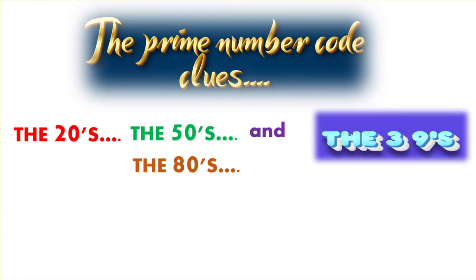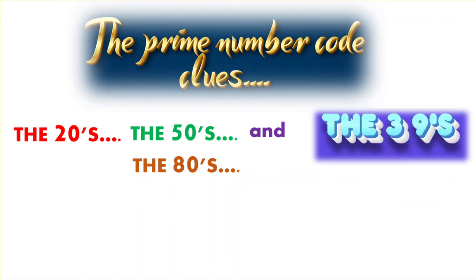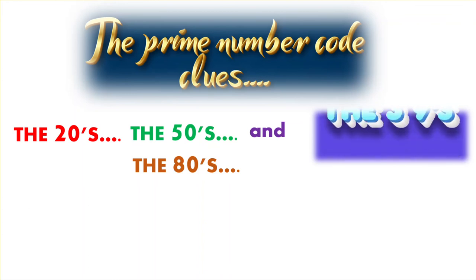So we have 23, 29, 53, 83, 89. Is that clear, everybody? So they share one thing in common, 3 and 9. I hope these codes will help you. So remember 20, 50, 80: 3 and 9. Don't forget, okay?